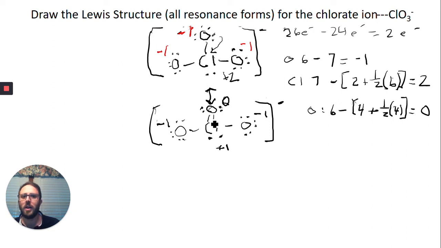Okay? When we shifted these electrons up here, it would have been just as easy for us to shift these electrons. Okay? So there's actually another resonance form. Okay? We have Cl. Oh, you could have put that double bond here.